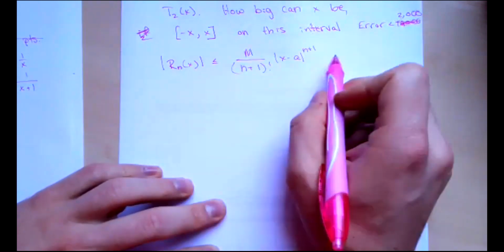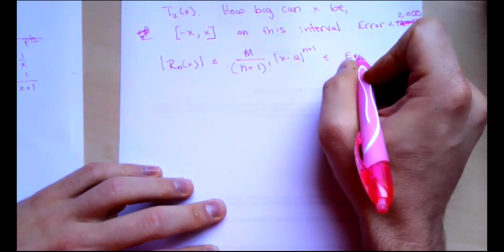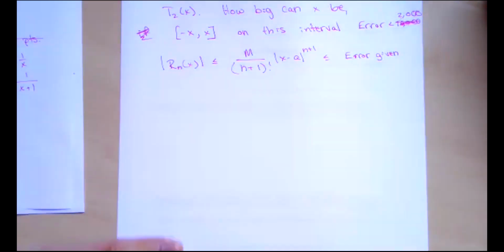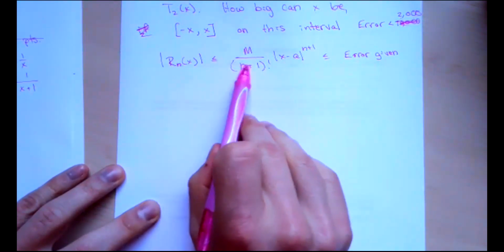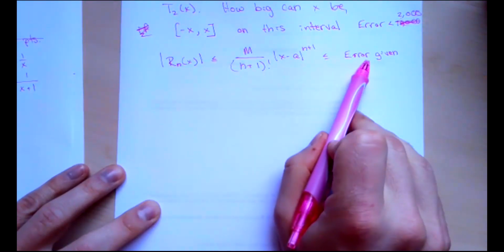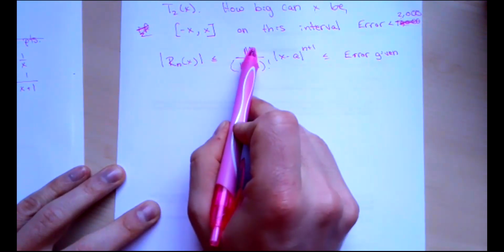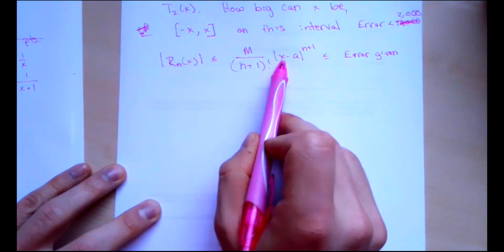And a better way to write this is perhaps this. Because anytime I'm given an error, I want to take this formula and set it less than that. So we're given this side, we're given m, or we can find m at least. We're given n, we just have to solve for x.